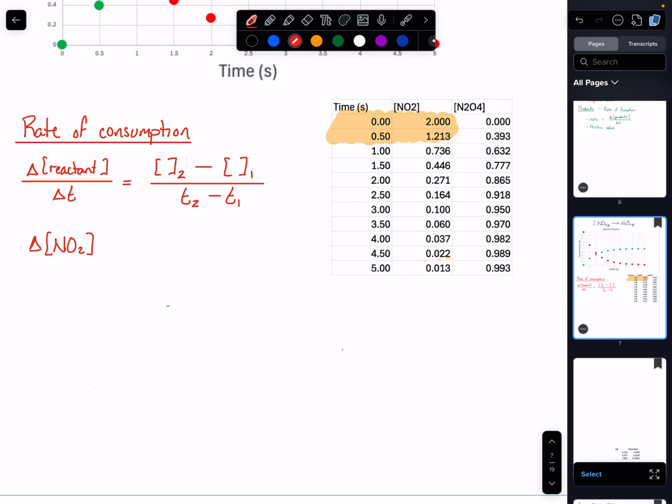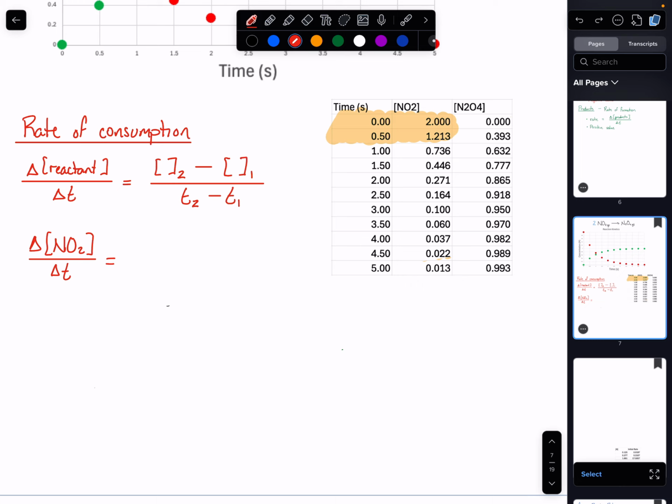I'm going to put in my actual reactant identity here, NO2. One thing I want to be super clear on, that I keep using over and over again because we need to be familiar with it, is this bracket notation. What do I mean by these brackets? Concentration, right? The concentration of whatever's in the brackets. That's what that notation means.